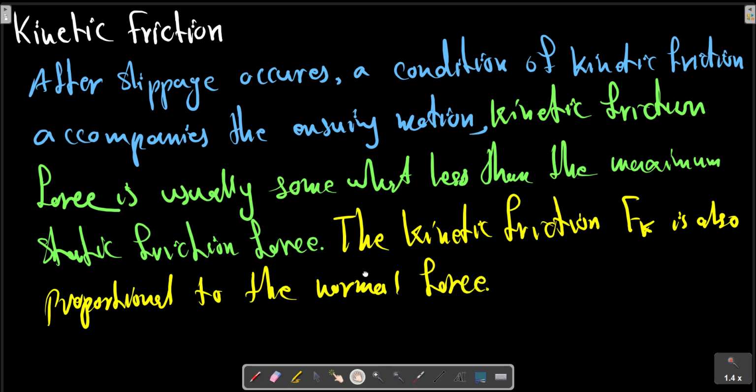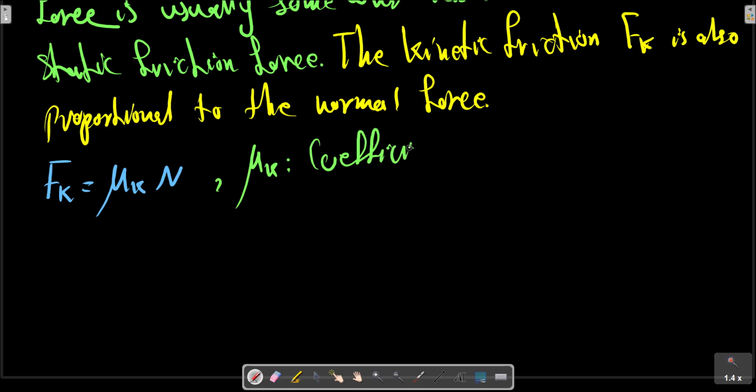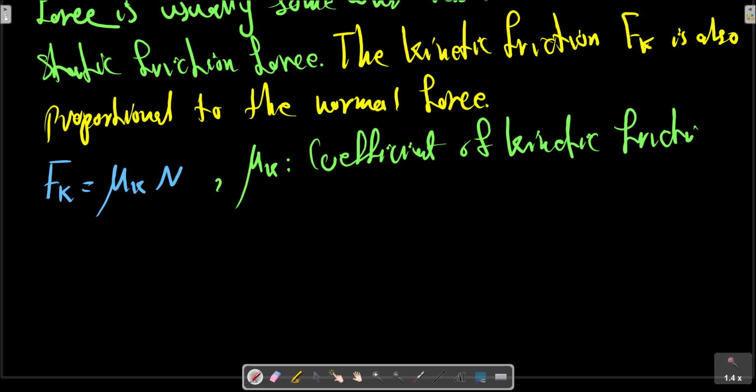Thus we have a relation for Fk, where mu k is the coefficient of kinetic friction. It follows that mu k is generally less than mu s.